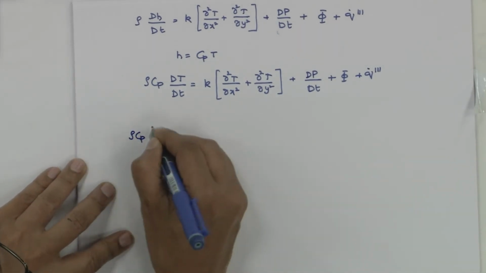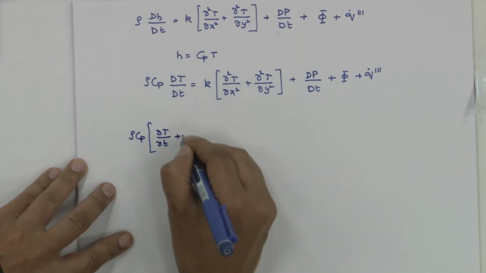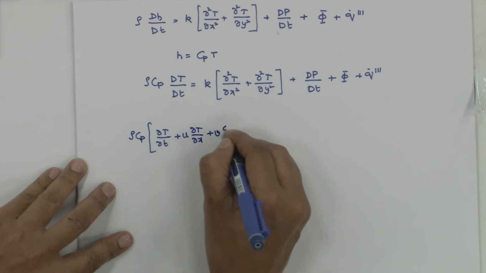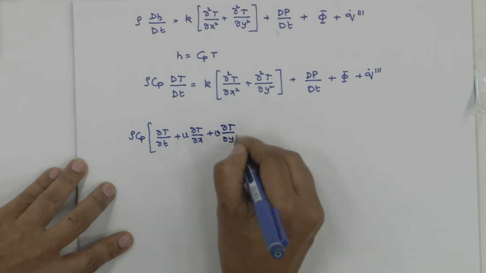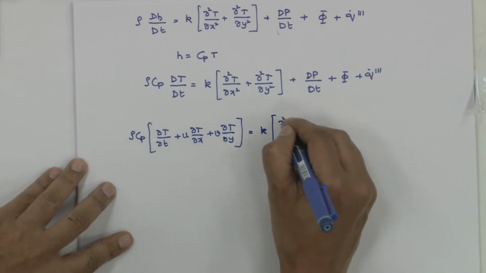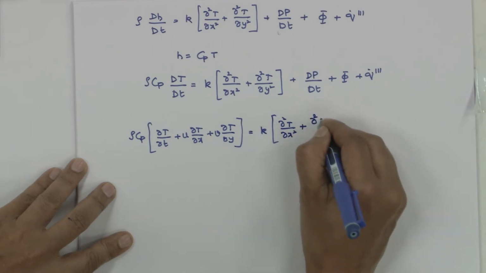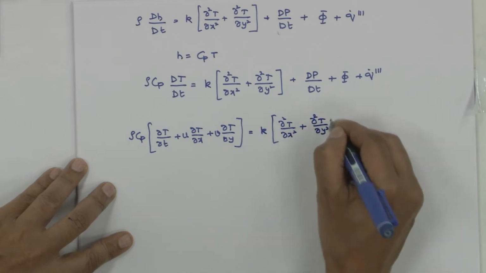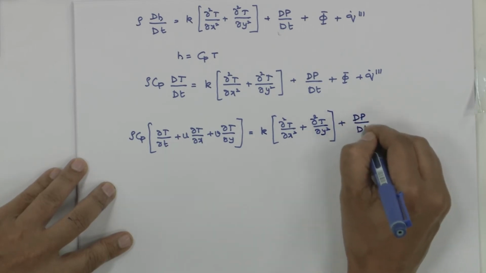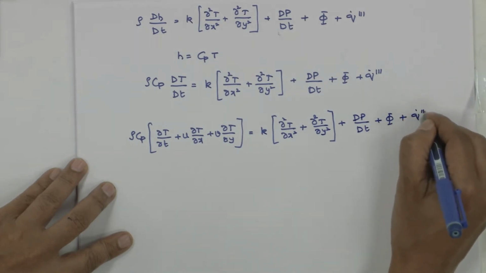Rho Cp del T by del t plus U del T by del X plus V del T by del Y is equal to K del squared T by del X squared plus del squared T by del Y squared plus dP by dt plus phi plus q dot triple prime.